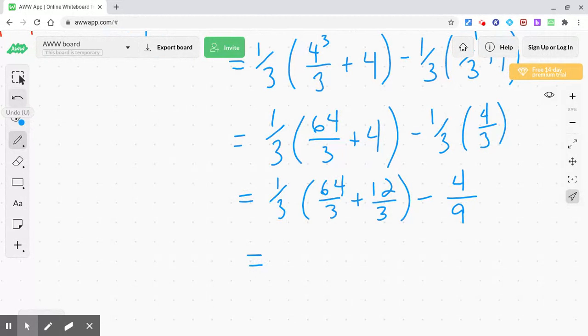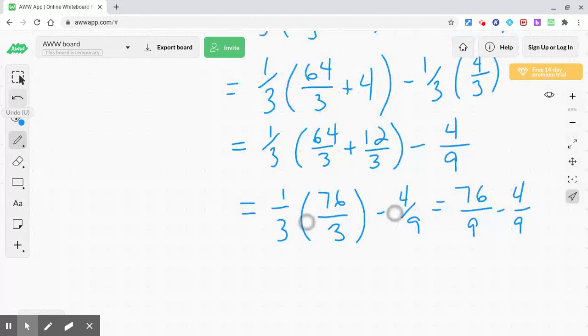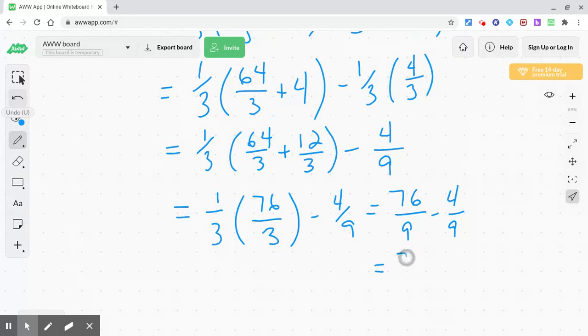This should actually work out decently well. 1/3 times 76 over 3 minus 4/9, which is 76 ninths minus 4/9, aka 72 ninths, which is 8.